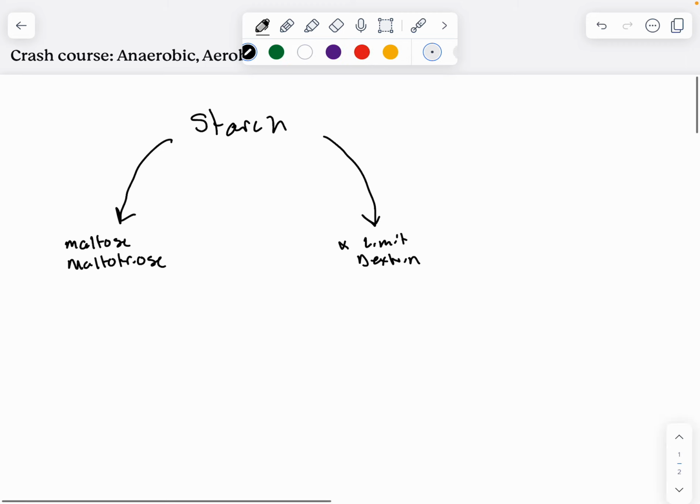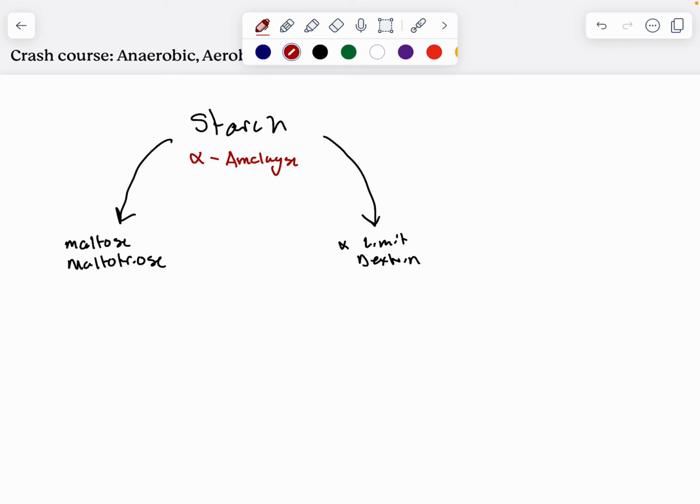And if we go back to one of the earlier videos, our main enzyme here that's going to be breaking this down is alpha amylase. And alpha amylase here is supplied by saliva and our intestines. It's kind of like the first stage of breaking down a lot of these bonds in the polysaccharides. And if we remember, alpha amylase breaks down every other alpha 1,4 bond.